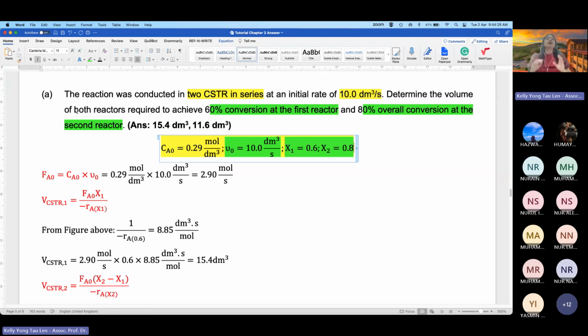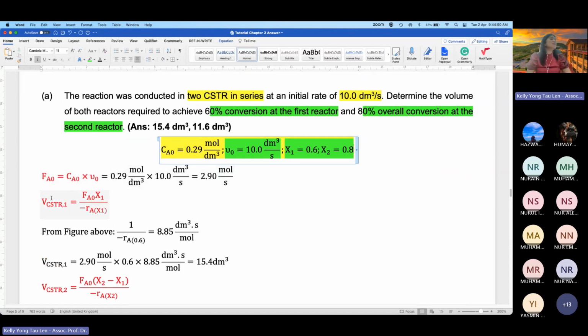So again, come back to what I taught you just now: determining the correct formula. Since I want to find volume, and I have conversion and epsilon naught, the formulas are not that many that you have learned. To find the volume of CSTR in series, the formulas are these two.